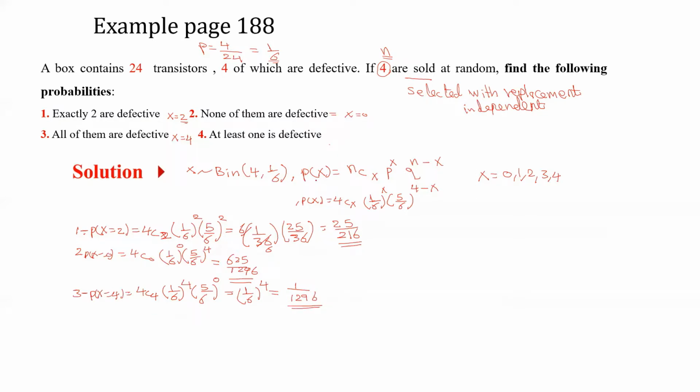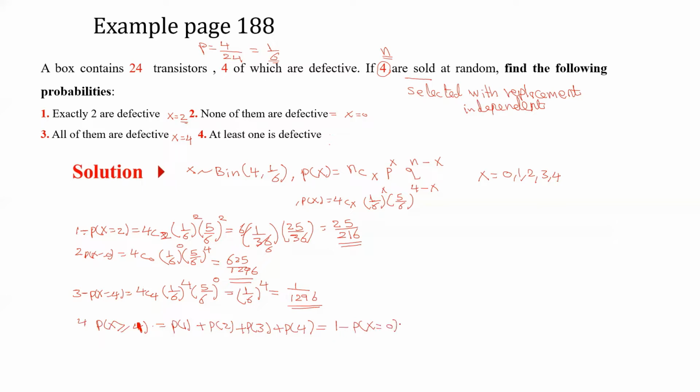The last one is at least one, which means P of x greater than or equal to 1, which is P of 1 plus P of 2 plus P of 3 plus P of 4. This means 1 minus P of x equal 0.